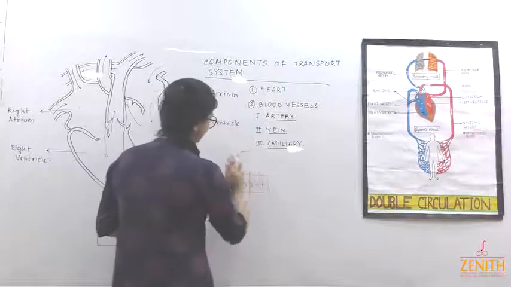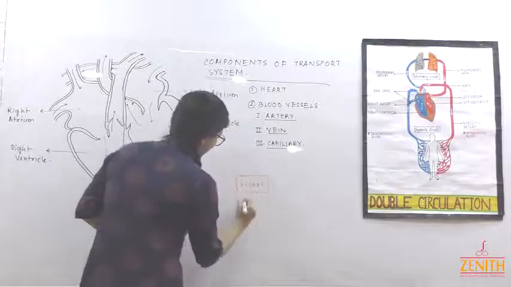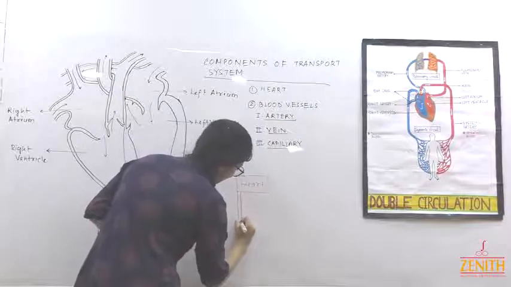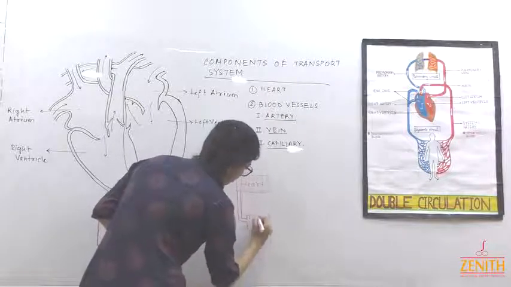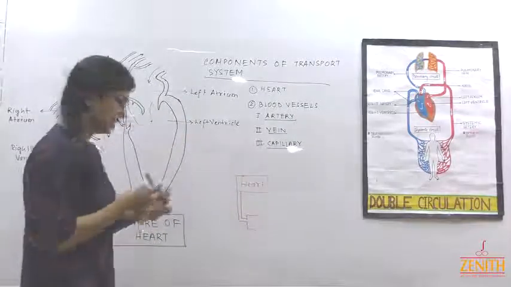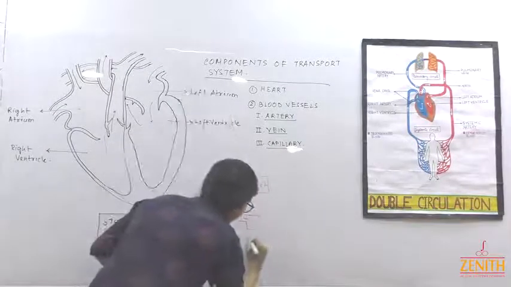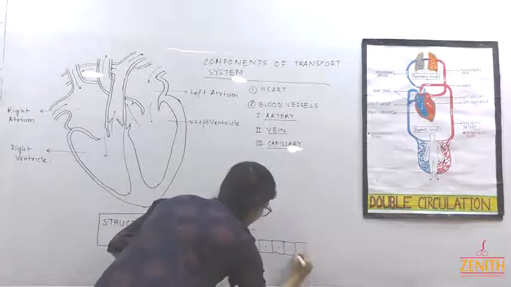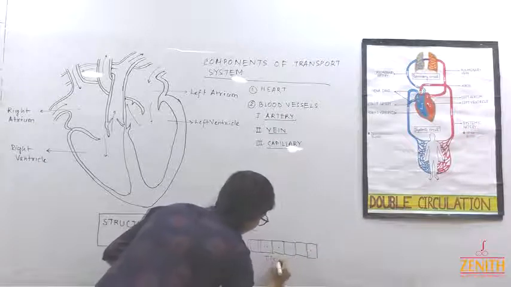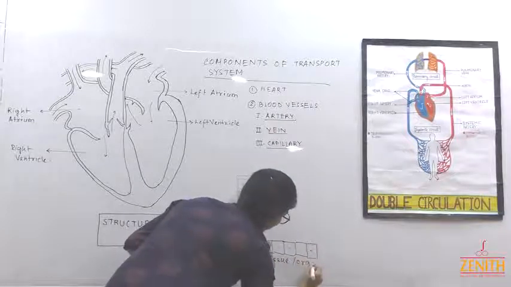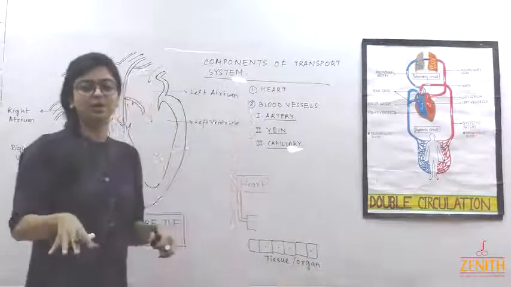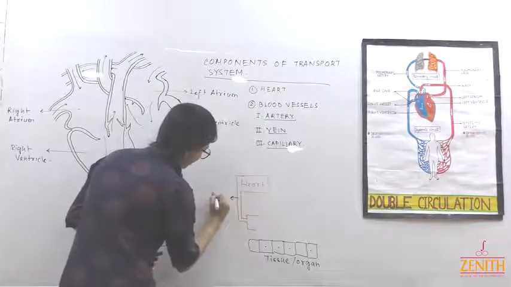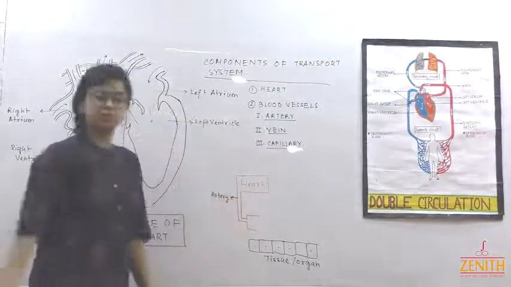Suppose here the tissues or the organs of our body are present. Suppose this is the tissue, or you can say organ, because tissues go to form the organ. So, the heart is giving the blood with the help of the artery to the tissues.